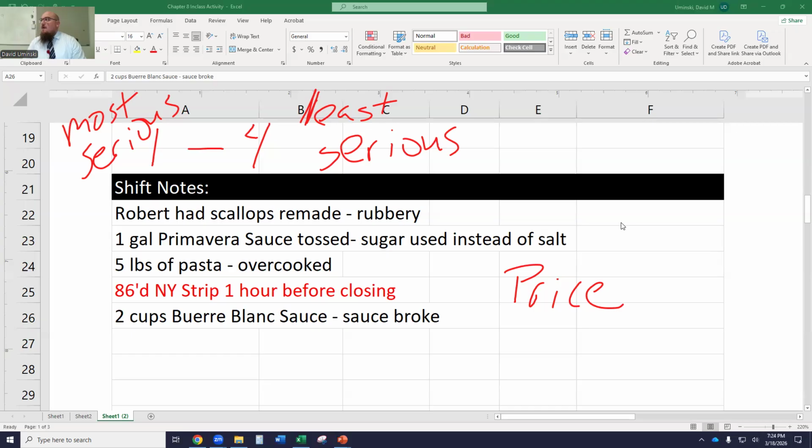I figured one word on that was not as bad as the rest, in terms of quantity. Okay, so we're looking at quantity now. That could be a deciding factor, right? But if we want to know the reason why those scallops were rubbery, okay? It could be the cook overcooked them.